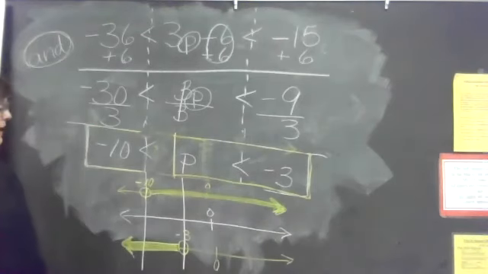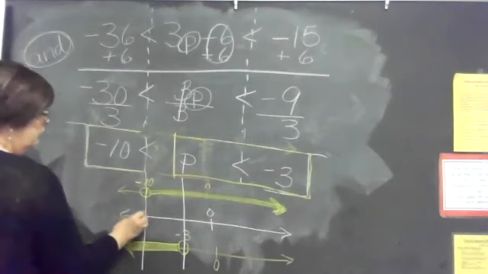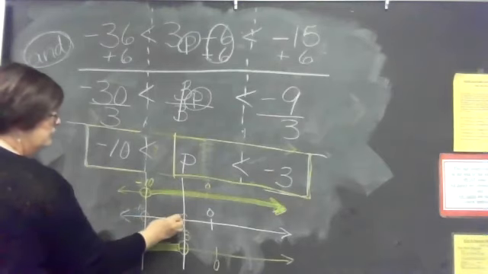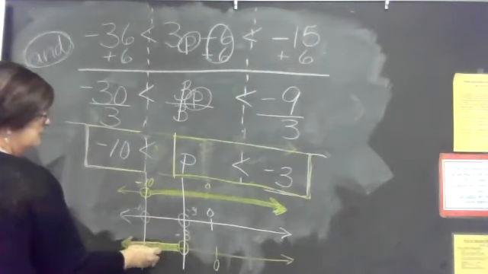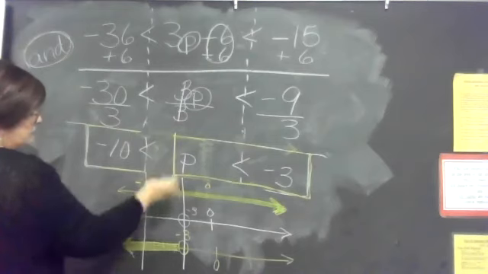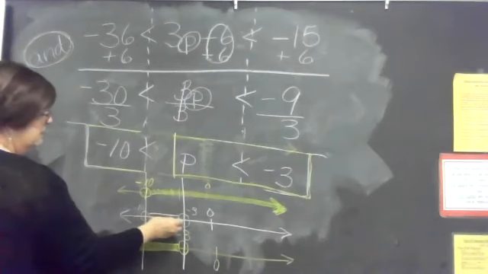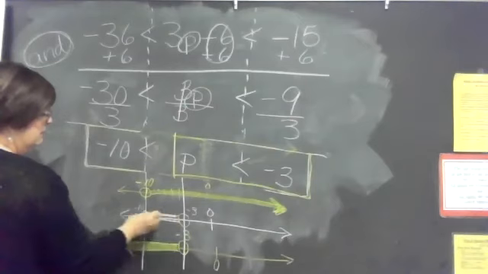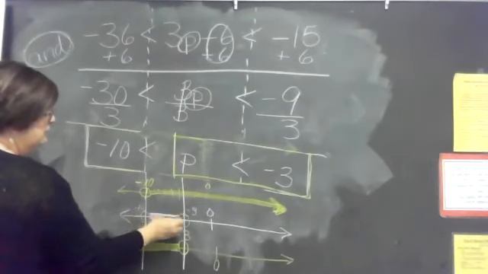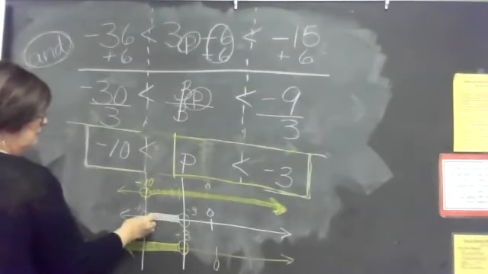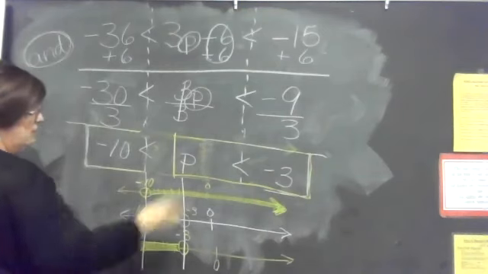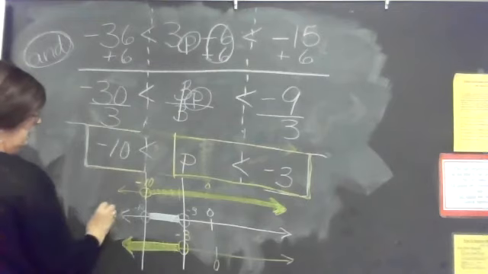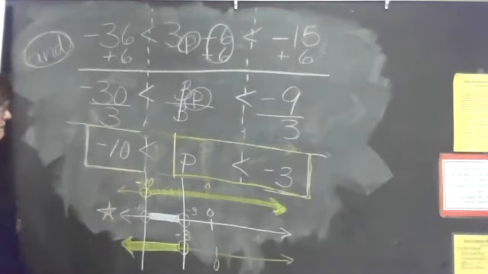So my actual answer in the graph will be this circle on -10, this circle on -3, and the only place that they overlap is right here. So this is the only graph of that. The and says to graph the overlap, or says to graph it all. This is the answer here.